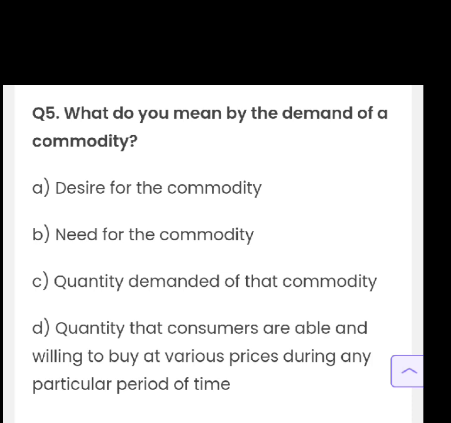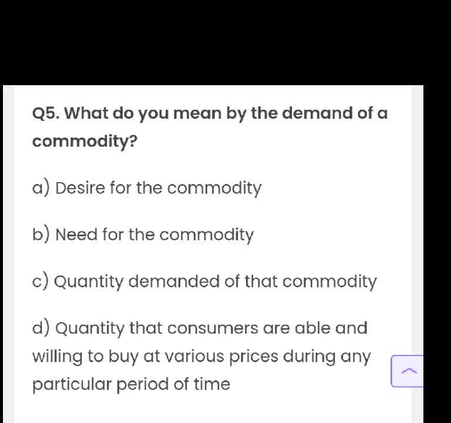So for fulfillment of demand, there are two things, the desire and ability. That means you desire to have something, and you have the ability to purchase it. So here all three options A, B, C do not fulfill that criteria, and option D fulfills it, that quantity that consumers are able and willing to buy.